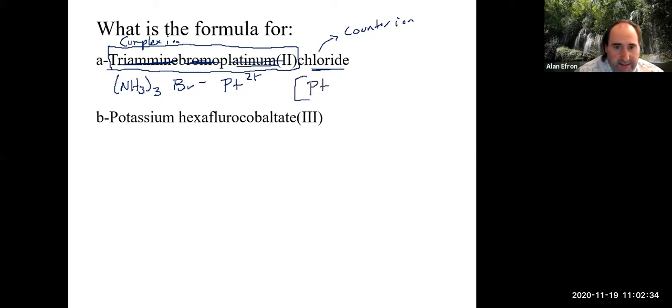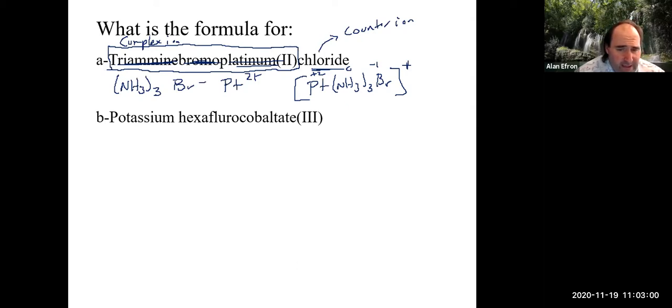So we have Pt, we have NH3, we have a Br. So we want to figure out maybe what the charge is on our complex ion. So we have platinum, which is +2, 0 for the NH3, and -1 for the Br. That's going to give us a grand total of +1 for our complex ion.